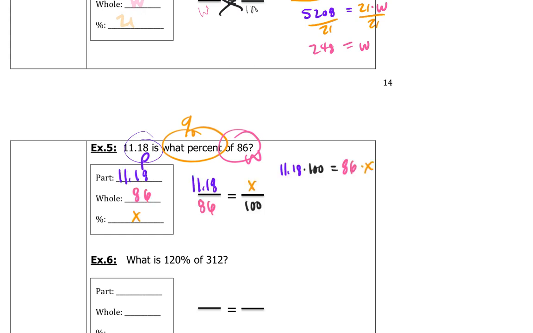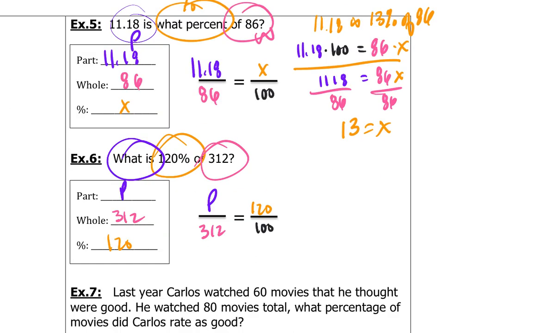Okay, so that should be your proportion, and then this should be your cross product equation. Okay, keep going. That's what your proportion should look like. Now you're just going to solve, right? Go.